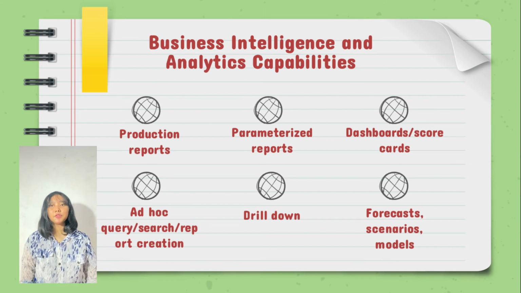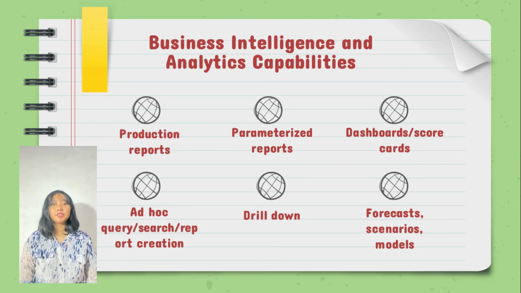Third is dashboards and scorecards, which are visual tools for presenting performance data defined by users. The fourth is ad hoc query or search or report creation. This allows users to create their own reports based on queries and searches.